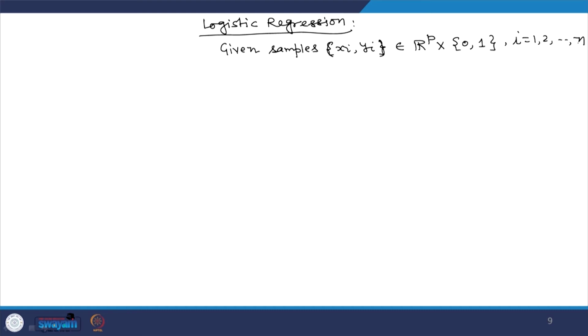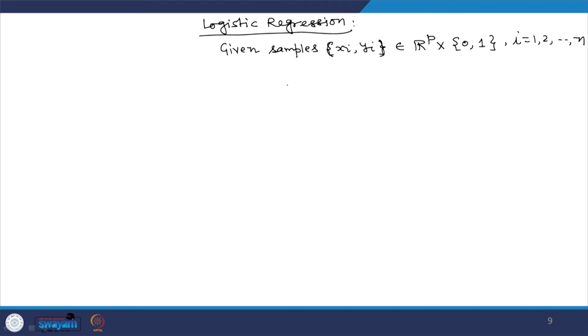So, this is the given data. I have a set of input variables for n patterns, that means n feature vectors and their classes, whether a particular pattern is coming from class 0 or class 1.